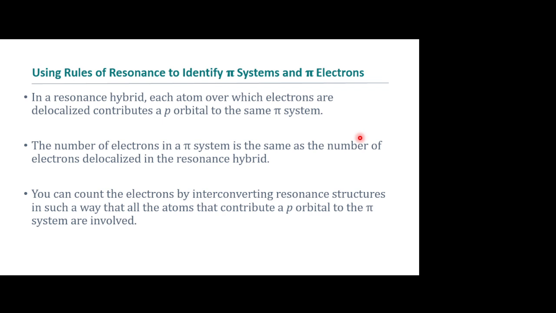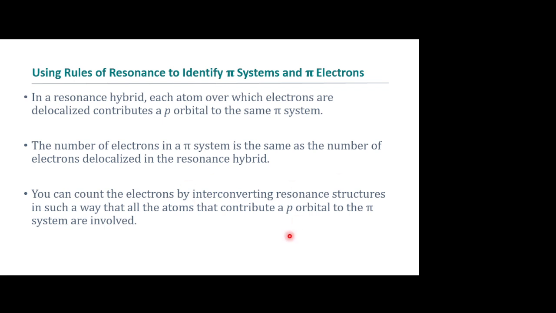They have to be 1,2, next to each other. Okay, so the number of electrons in a pi system is going to be the same as the number of electrons delocalized in its resonance hybrids. Remember, you can never create or destroy electrons. I say this lots and lots because it's by far and away the most common mistake people make and have difficulties with. We're just not computers, and we don't keep track of every single thing, right?